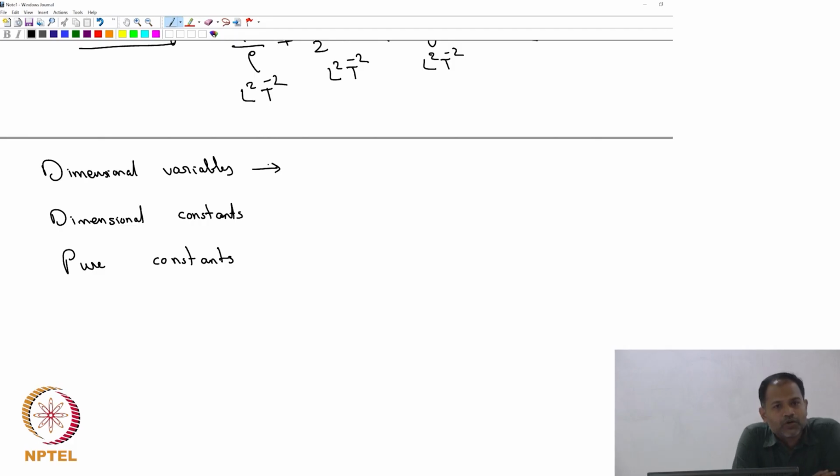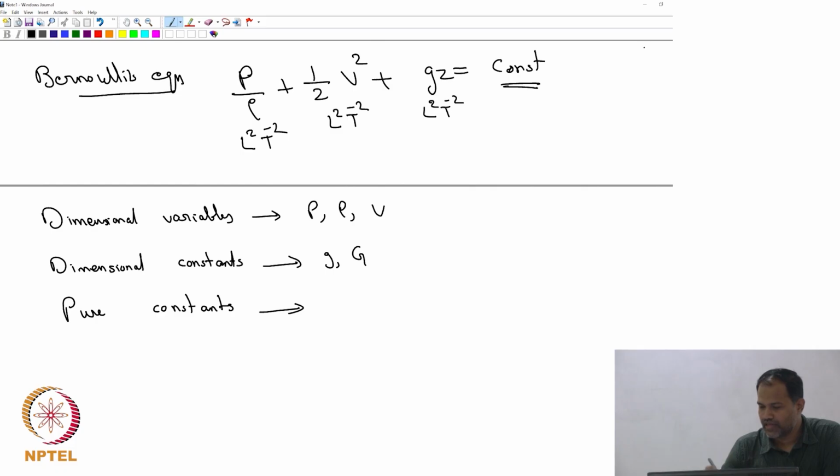For example, in Bernoulli's equation, it would have been pressure, density, velocity, any of them. Okay. Dimensional constants are constants which may also have dimensions. For example, gravity, gravitational constant, and so on. Pure constants, like for example the half we had there, okay, things like that.